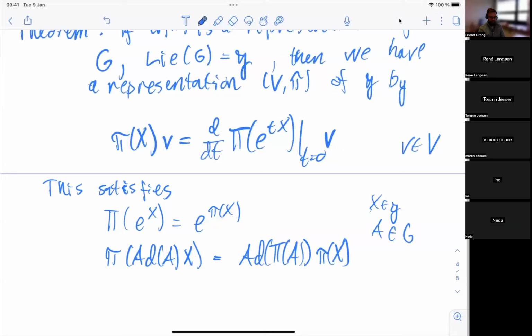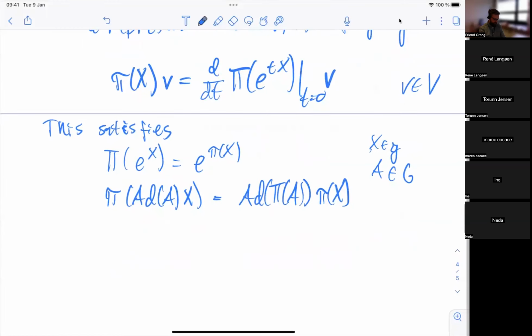So this is all results we've seen so far, just applied to representations.